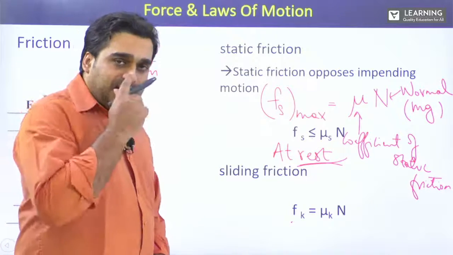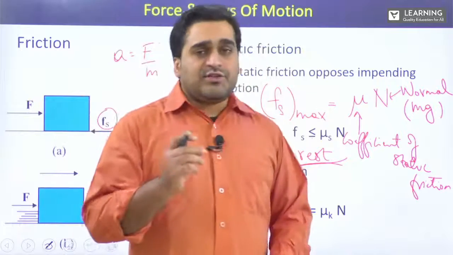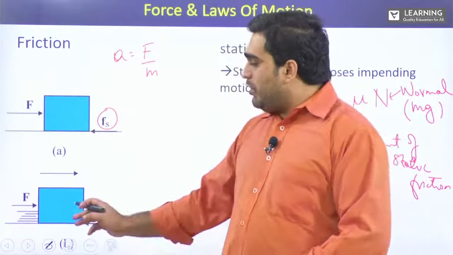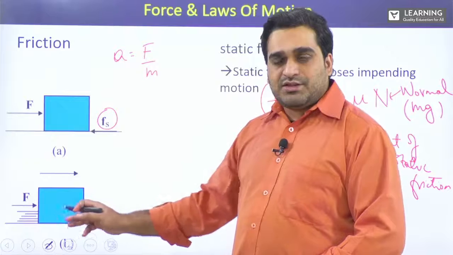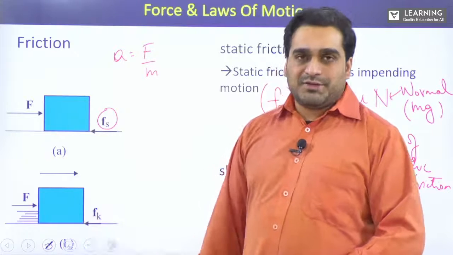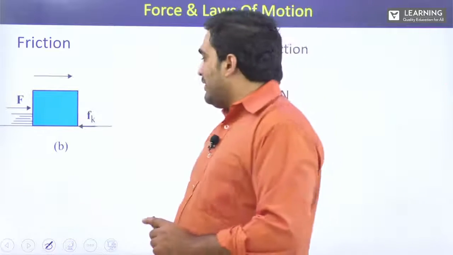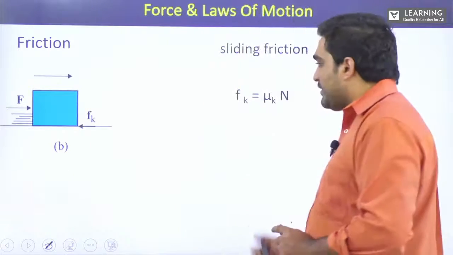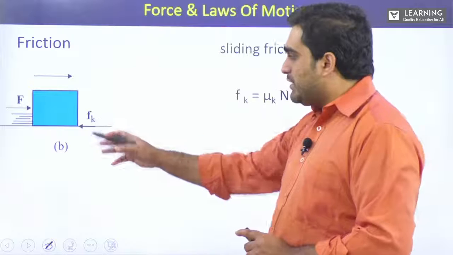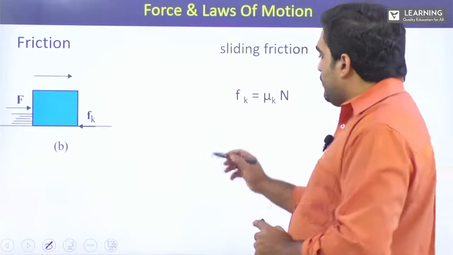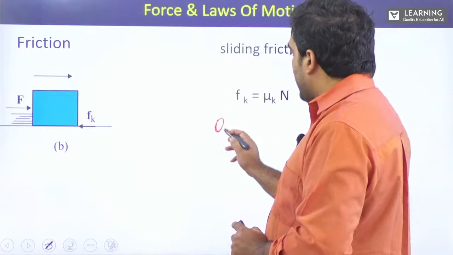Now that we have this expression, let us identify the acceleration of this particular object when friction is present. We have a sliding friction present for an object that is in motion. So what will be its acceleration?